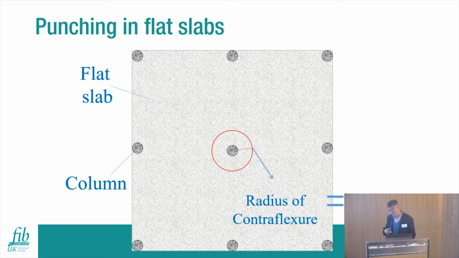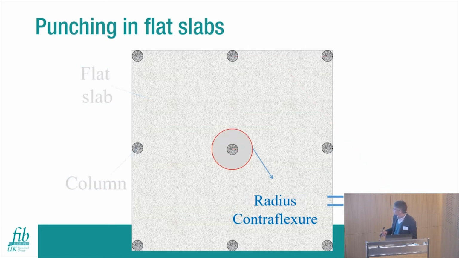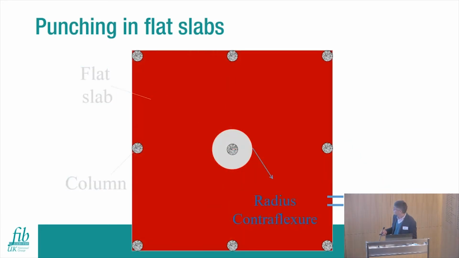So punching shear resistance is typically determined in laboratory tests of small-scale specimens intended to simulate the slab within the radius of elastic contraflexure. These tests are actually conservative because they don't account for the beneficial effect of the surrounding slab.